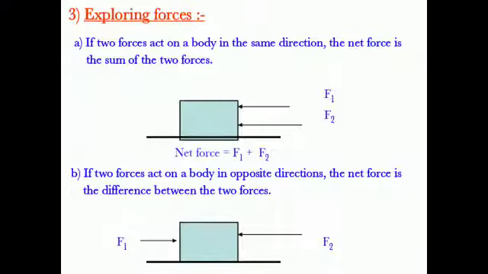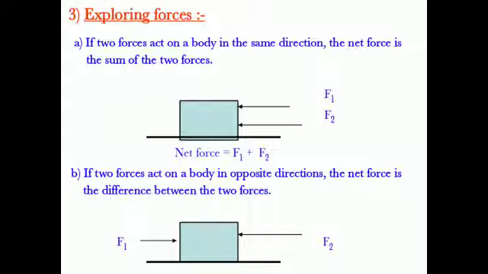Now I would like to tell you that if we want to move some object, let's suppose we want to shift a box from one place to another, then we'll apply force from one side towards the side towards which we want to shift it.